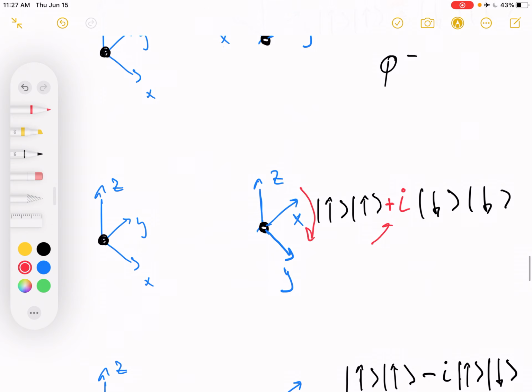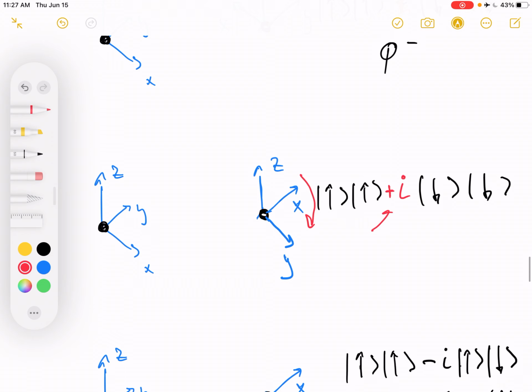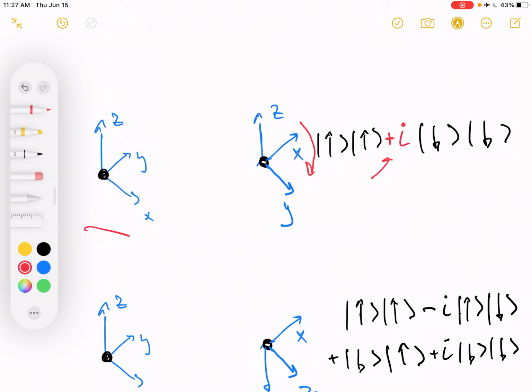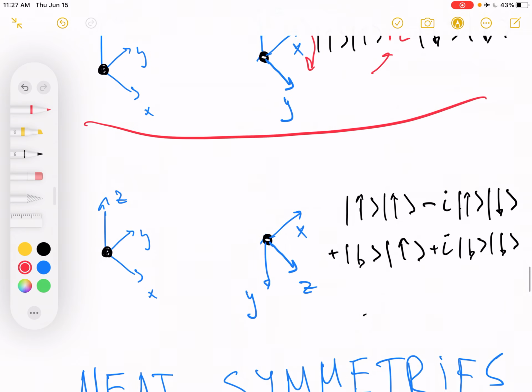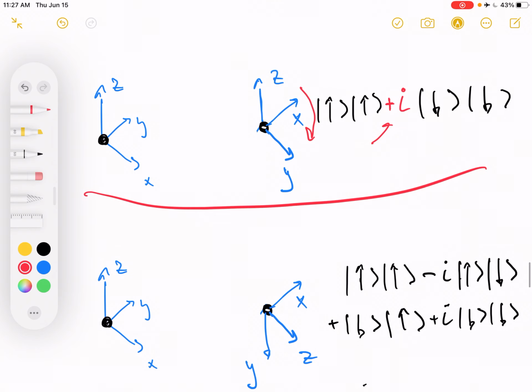We're moving it around. If we want to rotate, for example, in the zy plane, from this state we can obtain the next maximally entangled state just by rotating the zy plane in this way.